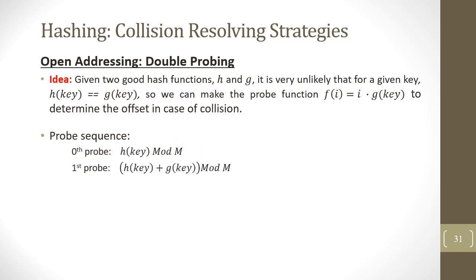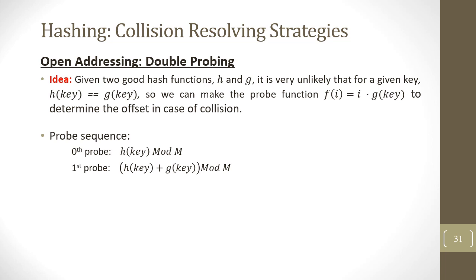On collision, the first probe will be to the original hash of the key plus the probe function hash of the key, mod m.